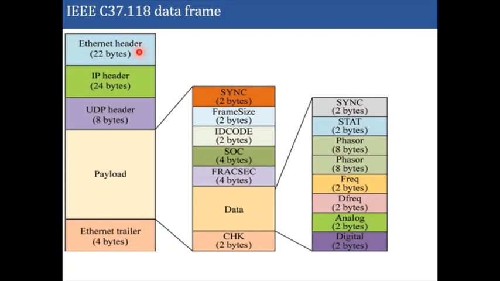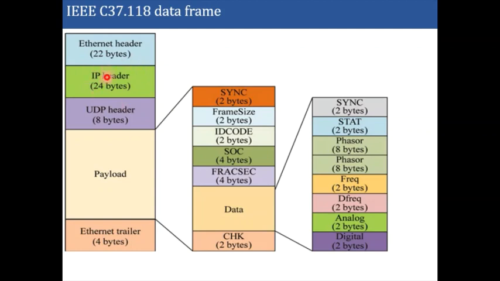Now let's talk about the C37.118 data frame. If you see on the left, it is a standard TCP/IP packet where the Ethernet header and Ethernet footer are on the top and bottom. Ethernet corresponds to your physical as well as data link layer related information. We need the Ethernet header as well as footer to indicate the start and stop of the frame and other activities.